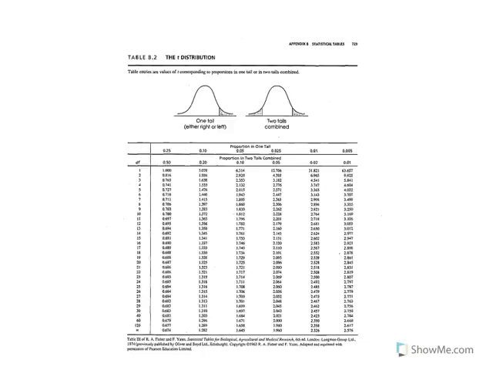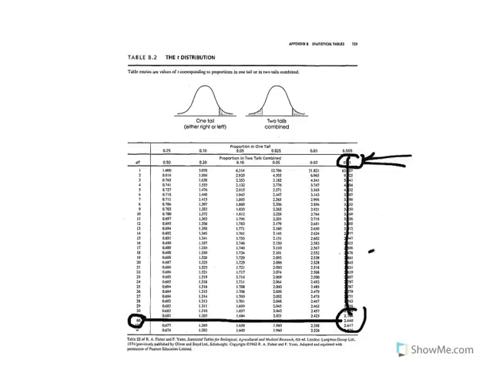We don't have a value of 63, and as I indicated before, the rule of thumb is use the value closest to and actually go lower. Our choices are 60 or 120. We're going to go with 60, the lower value that yields a higher critical t-value. We're going to use a two-tailed here at 0.01. We see where those values intersect, and we come up with a critical t of 2.660.